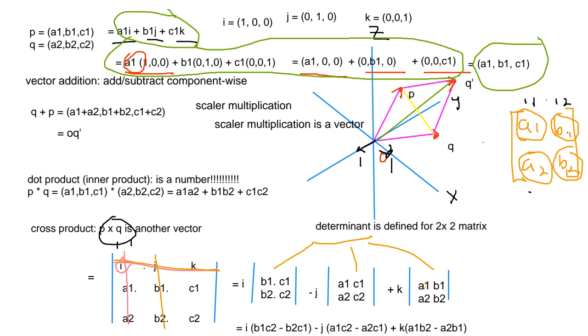The J component actually is A2C1 minus A1C2, right? Because we have a negative sign in front of J, and we can push this negative sign inside the calculation. We will get A2C1 minus A1C2. For the K component, we get A1B2 minus A2B1. Right?